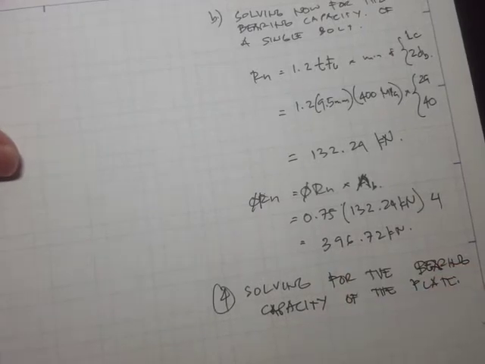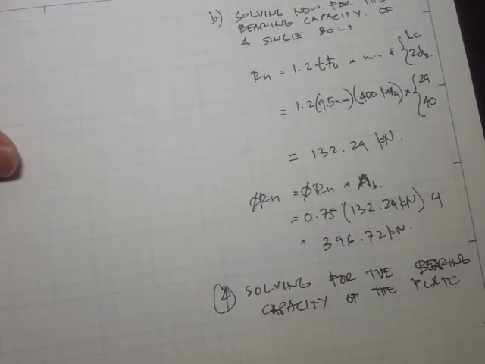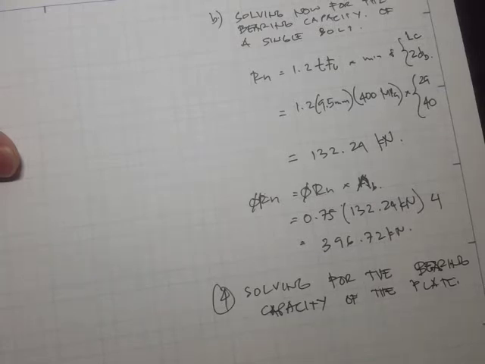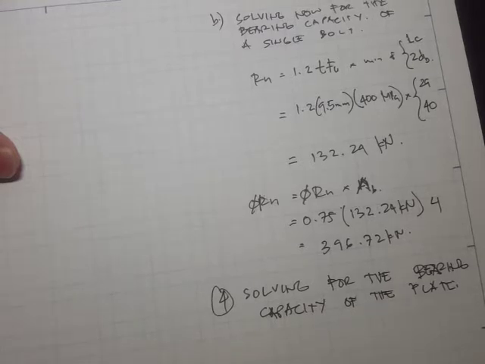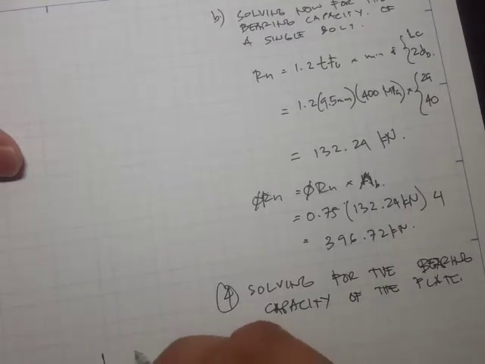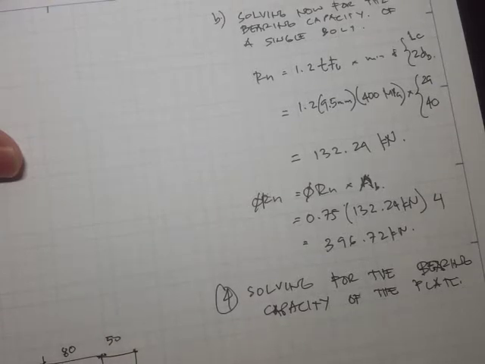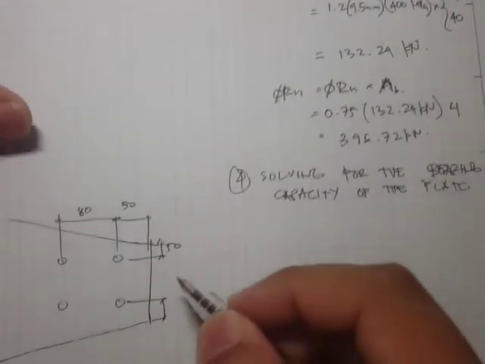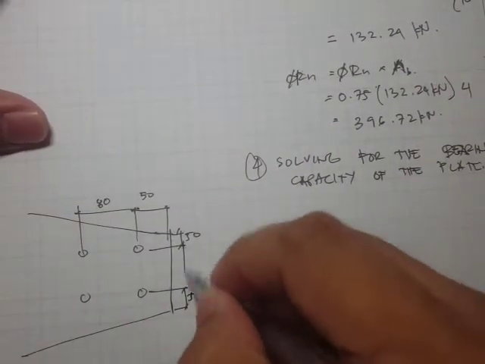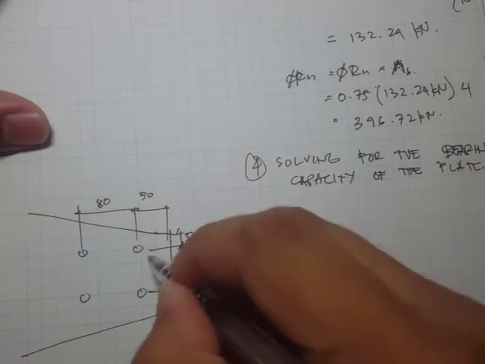Okay, so for this we have to draw again our plate, and our distances here we have 50, and this one is 80, this one is 50, and this one is 82.